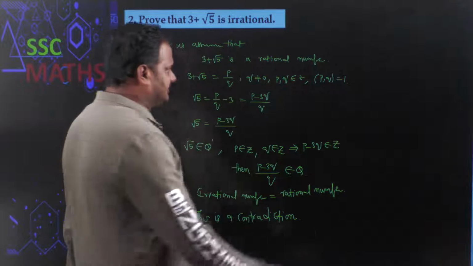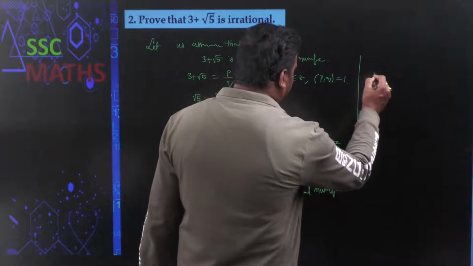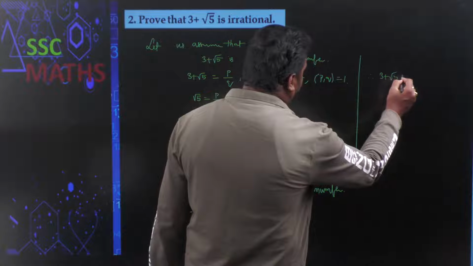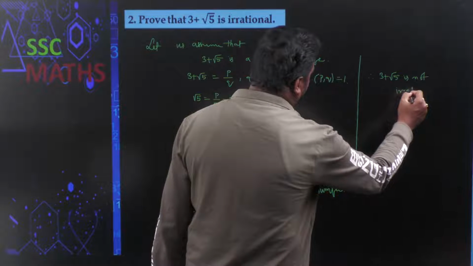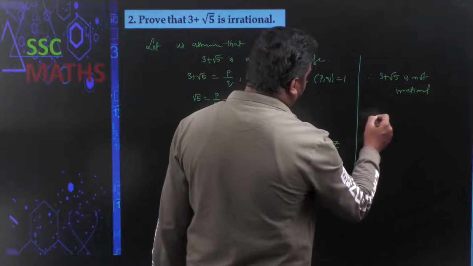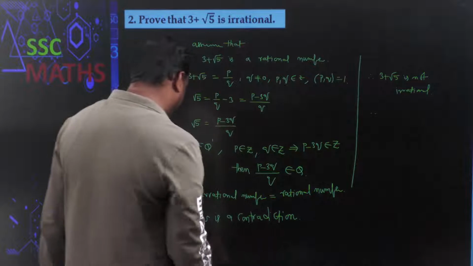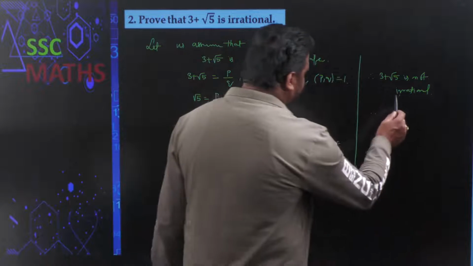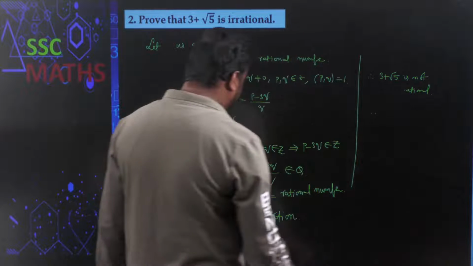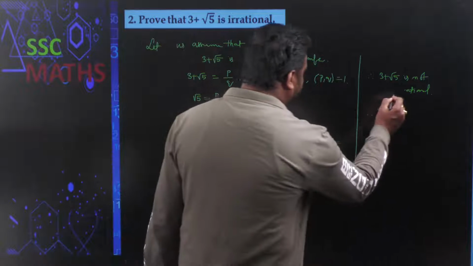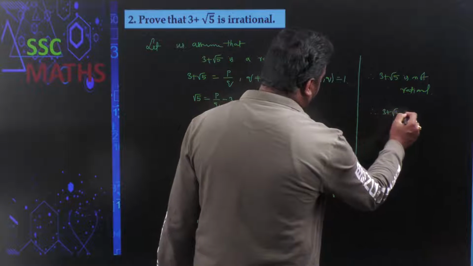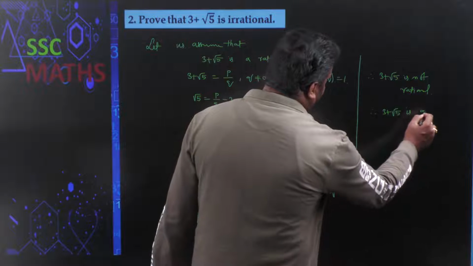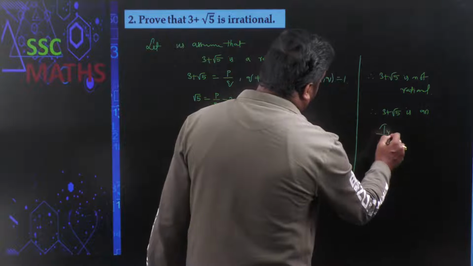So therefore 3 plus root 5 is not rational. Since it is not a rational number, it is an irrational number. Therefore 3 plus root 5 is an irrational number.